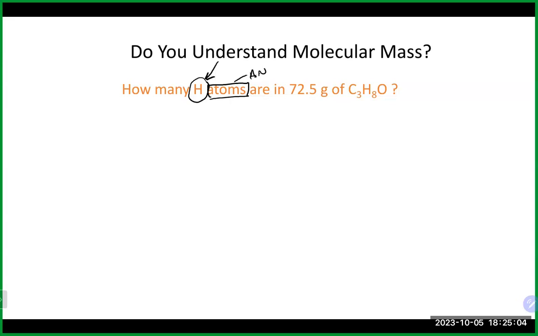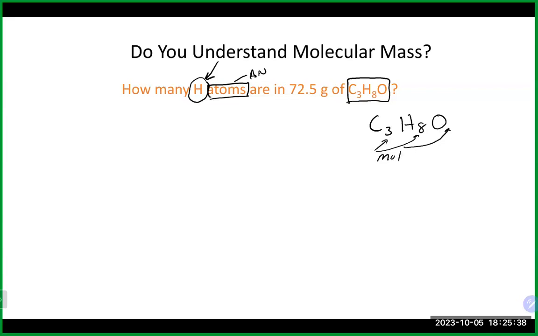One way you could do that, and sometimes you're asked to do that in certain calculations, is to relate each element to the entire compound. You could use the formula itself as a conversion factor. When we look at this formula, the numbers on the bottom, and if there is no number it represents 1, represent the moles of each of those elements that are present.